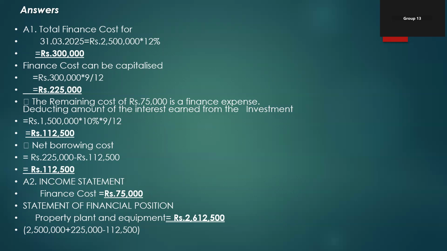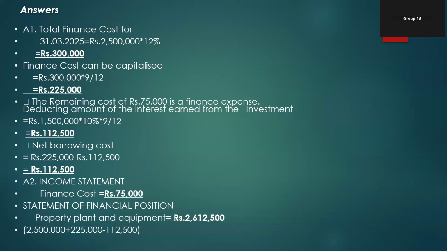After that, for the statement of financial position, we should find out the value of the property, plant and equipment. It is calculated as first the loan we have borrowed, plus the finance cost that has been capitalized, and deducted by the interest earned from the investment.